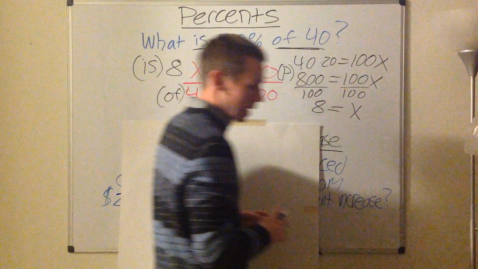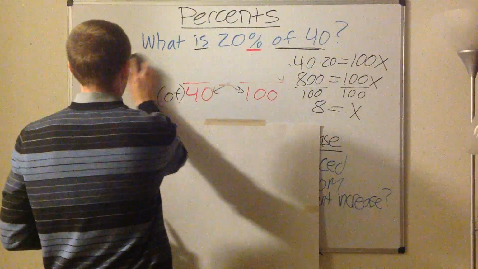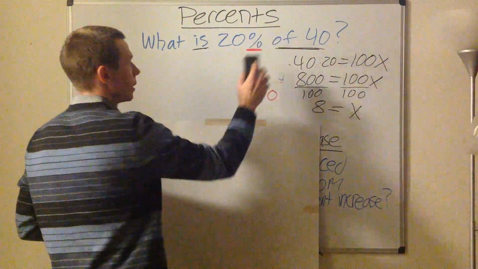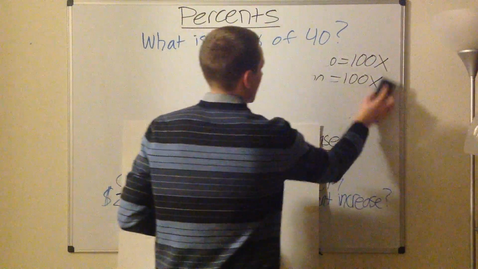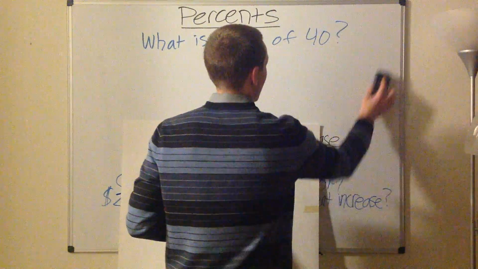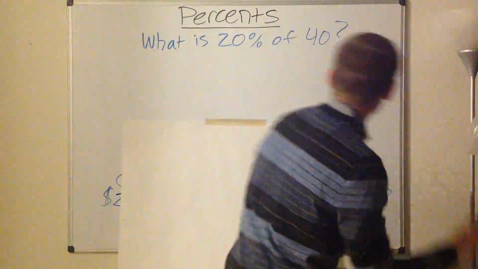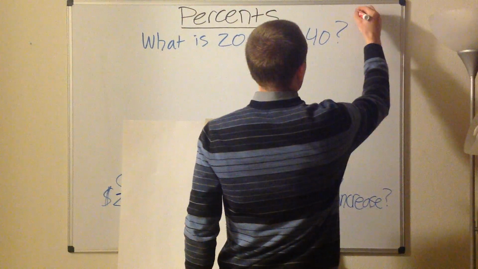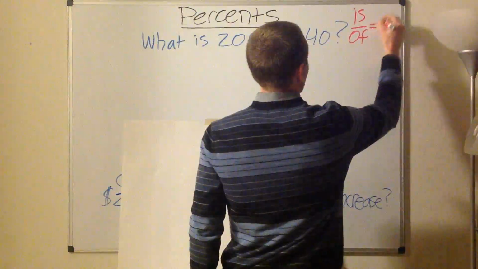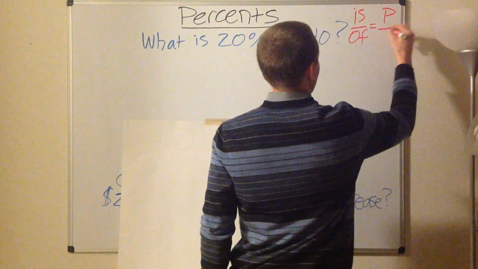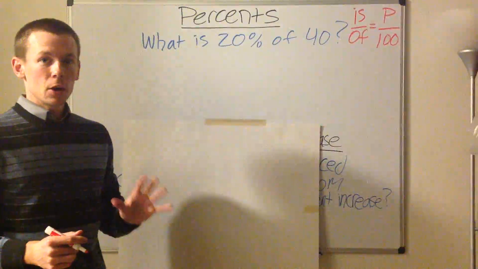So I'm going to put that over here. Is over of equals P over 100.